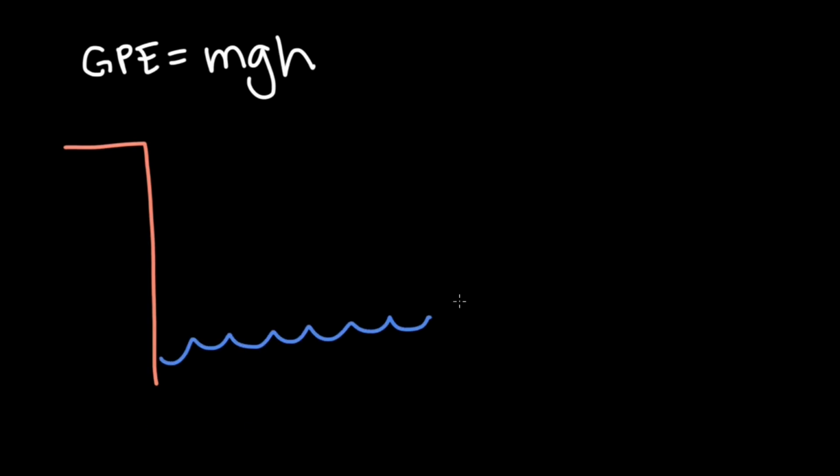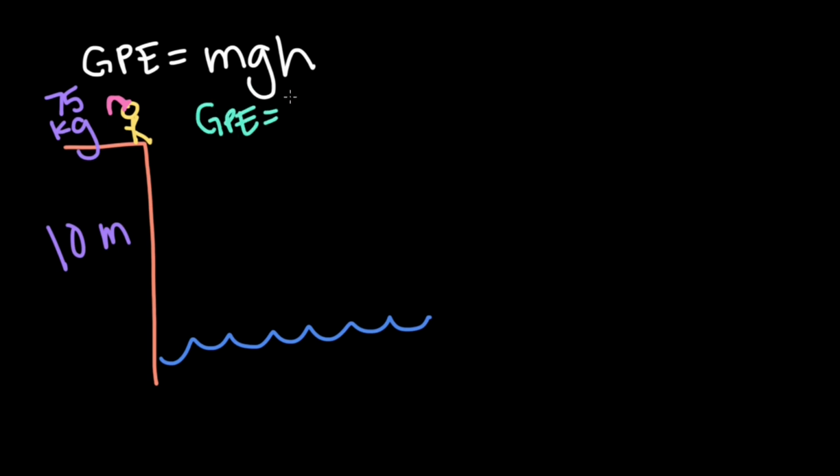Say we have a cliff jumper who is standing at the top of a cliff, and this cliff happens to be 10 meters tall, and our cliff jumper has a mass of 75 kilograms. So as she is standing at the top of this cliff, what is her gravitational potential energy? Well, we can use this equation to solve for that. So we know that her mass is 75 kilograms.